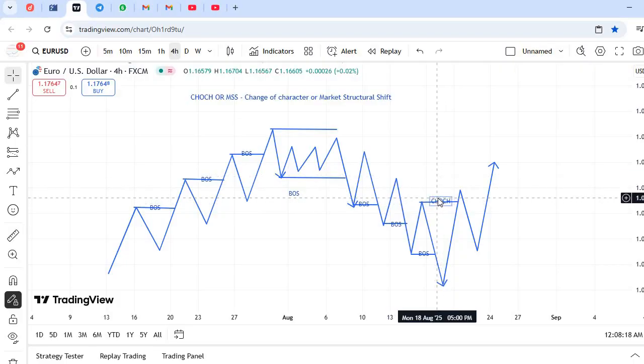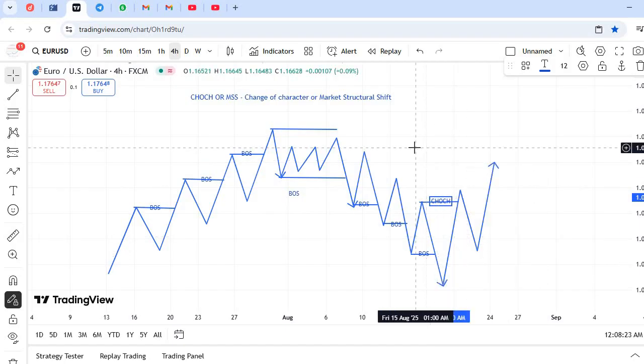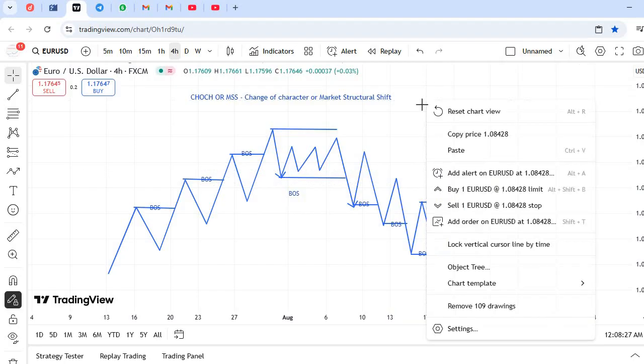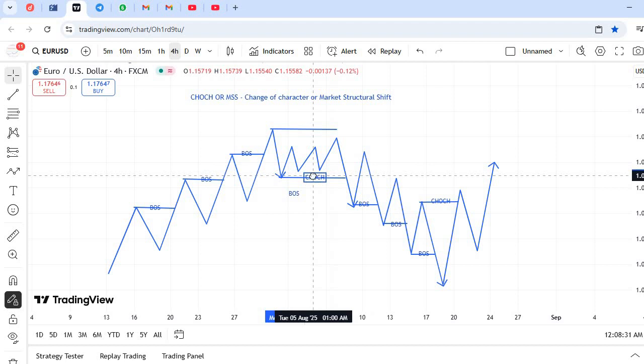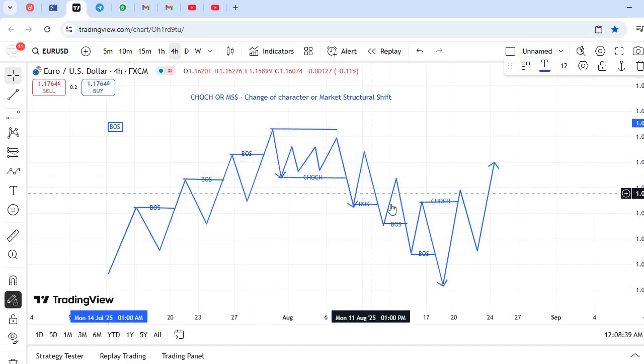Can you see? So that's why it's called a change of character. And that was the same thing that we have here. Because this last low was taken out, so we had a change of character.